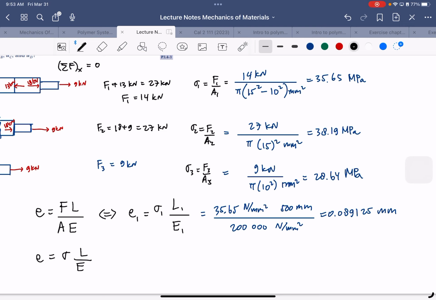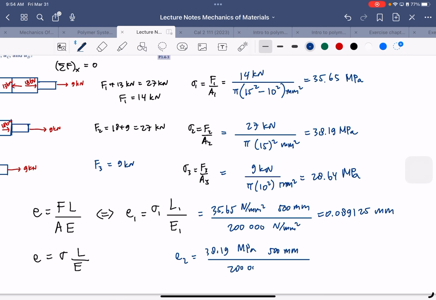And the same thing with e2, we can take directly. Or maybe just write MPa. E is also the same, so I think it's only the difference in the stress.